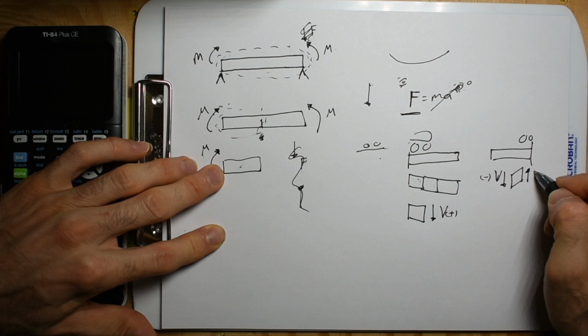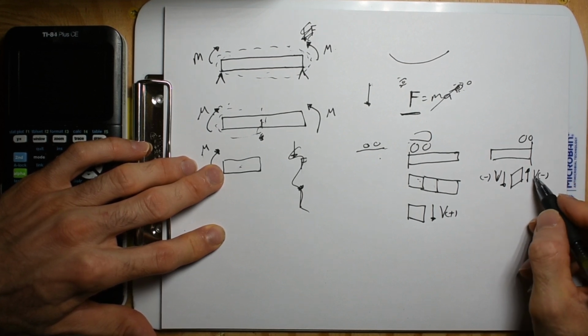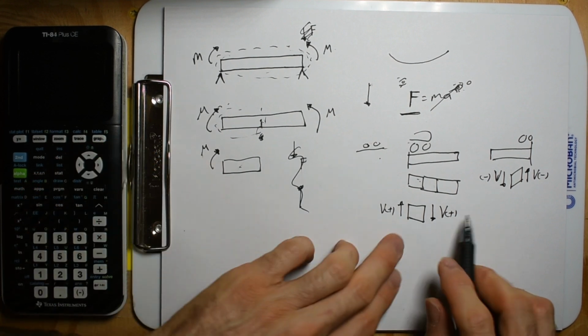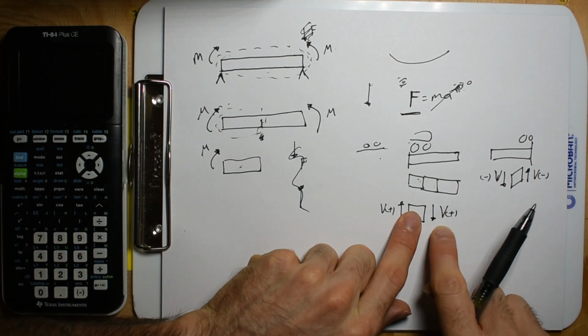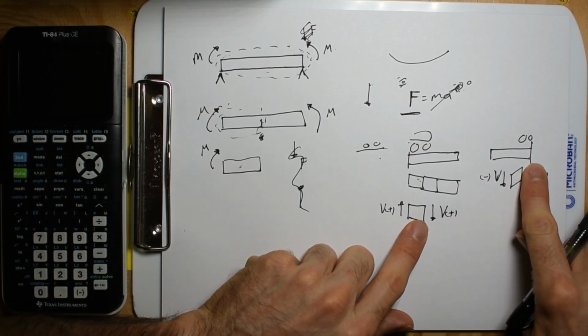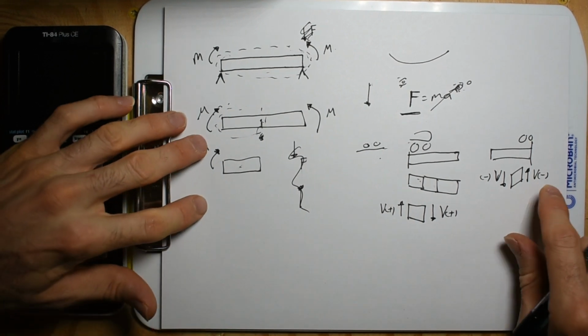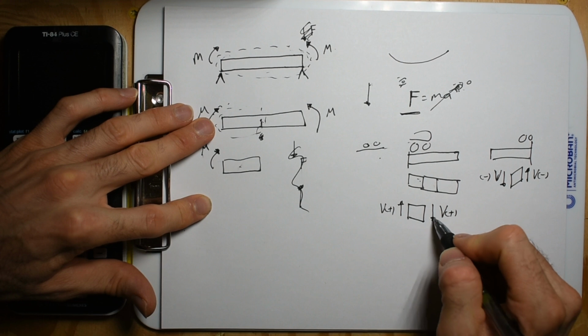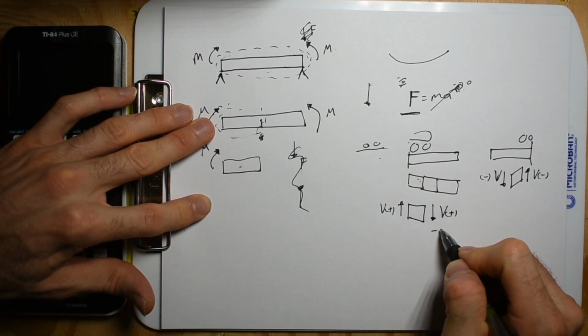So this is negative shear on the right, and if you completed this diagram, this is positive. See how this is down, but we're calling it positive? This side is up, and we're calling it negative. You know what I mean? That's just why, from the free body diagram, we would call this a negative direction.